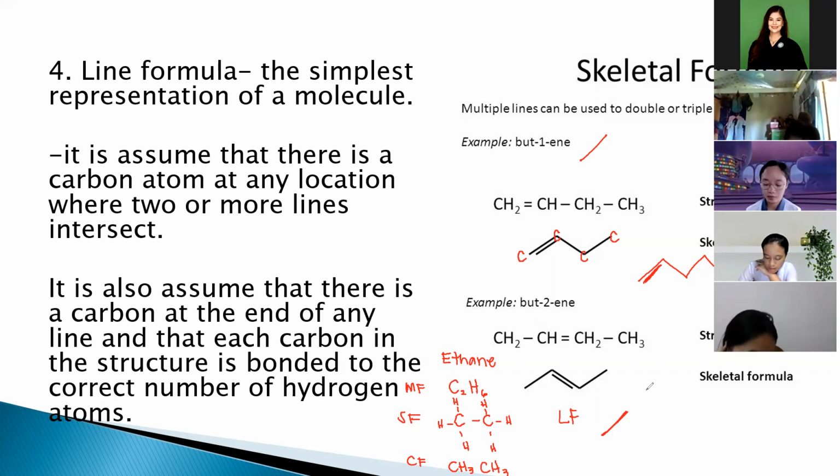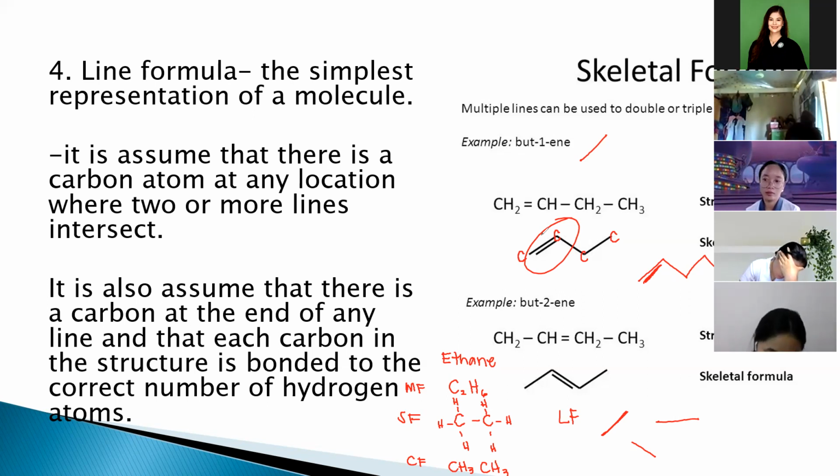So dalawang carbon lang talaga si ethane. Pwede din naman siyang ganito. Pwede din siyang ganito as long as one line lang talaga. And since walang double bond si ethane, wala ka ding ilalagay na kagaya nito class. So that's how you make the 4 types of formula for organic chemistry.